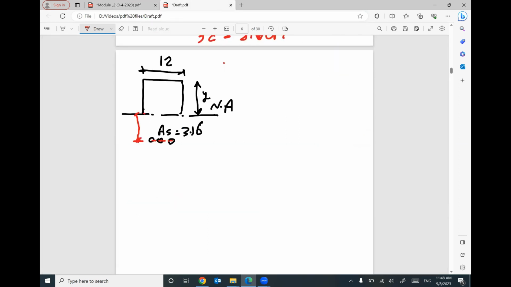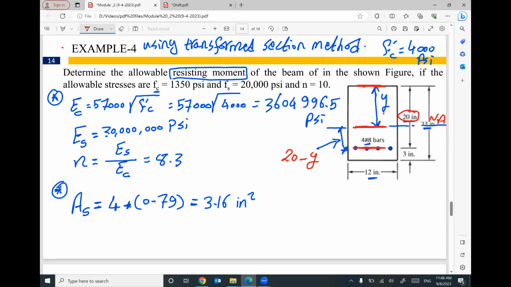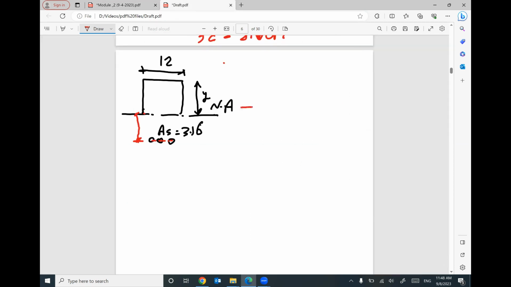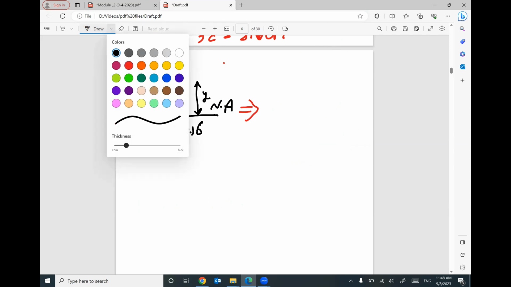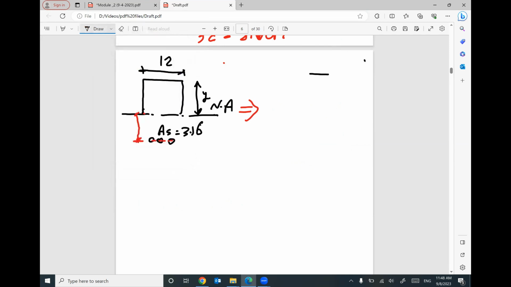Does that make sense? In this cross section, where is the concrete at the bottom? In the trash, because it cracked. So this cross section will be converted to an equivalent, or transformed, section.